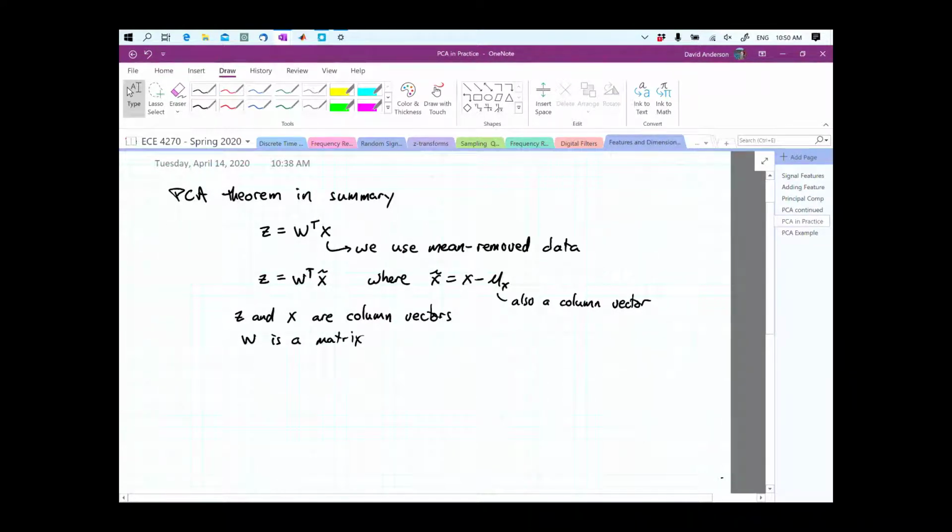The PCA theorem essentially said that we can approximate data by taking the mean.